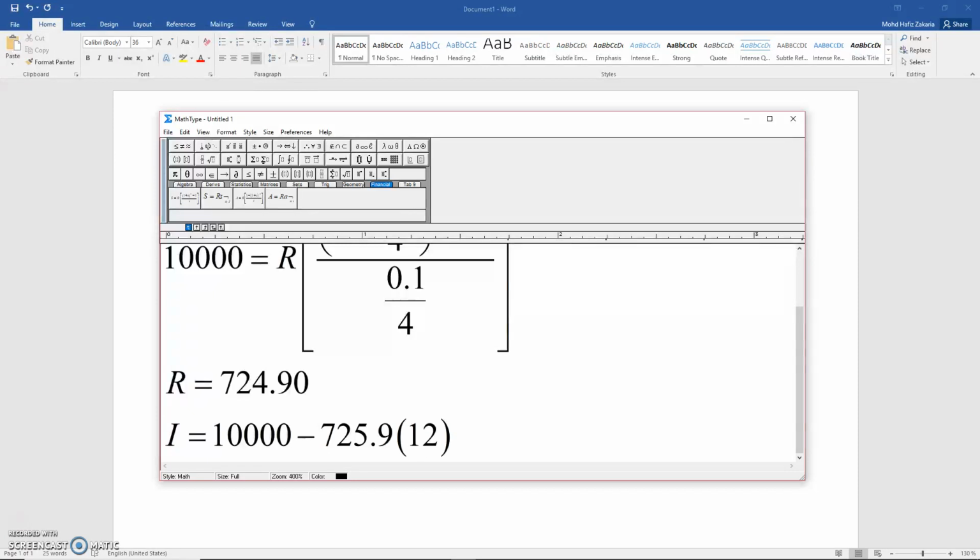When we subtract, you should get 1,301 ringgit 20 cents. So out of 10,000, 1,301 ringgit 20 cents is accumulated through the interest.